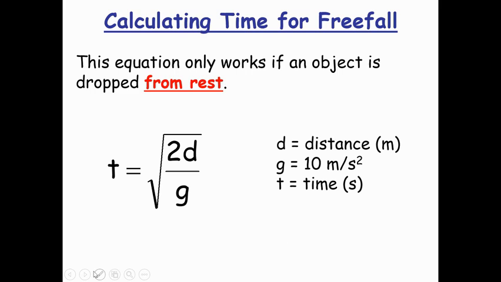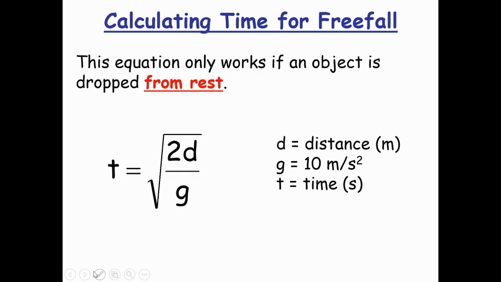Let's say that you are presented with a question that asks you to calculate the time it takes for an object to free fall a certain distance. To do that, we can use the following equation. t equals the square root of 2d over g, where d represents the distance fallen, g is still our constant of 10 meters per second squared, and t is representing the time it takes for the object to fall.